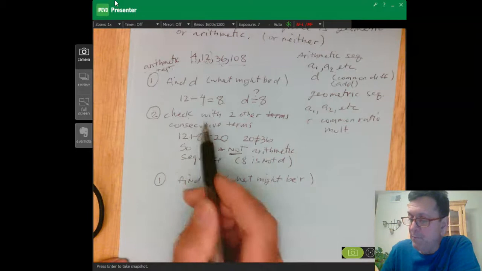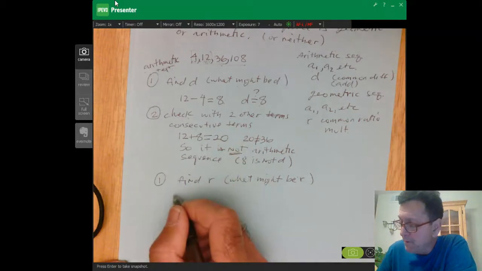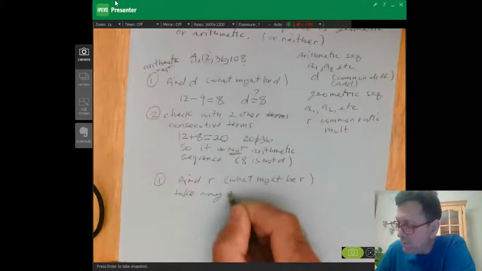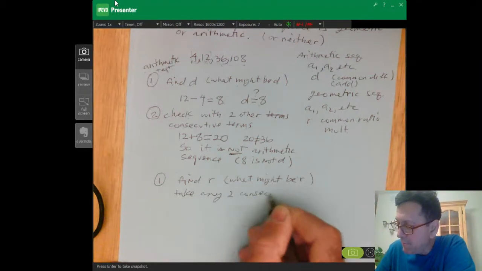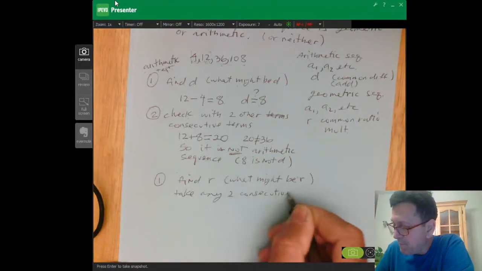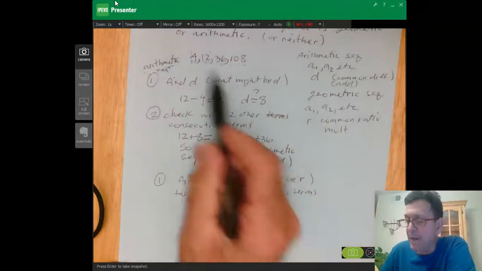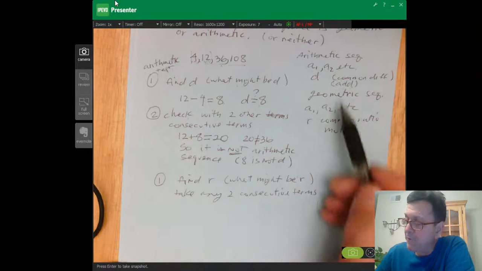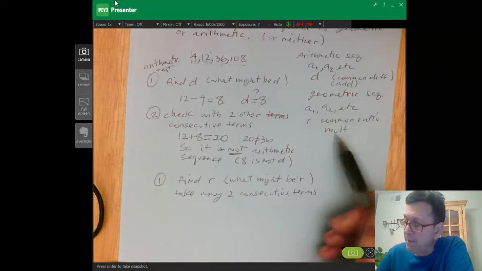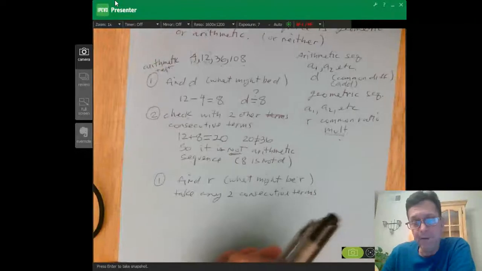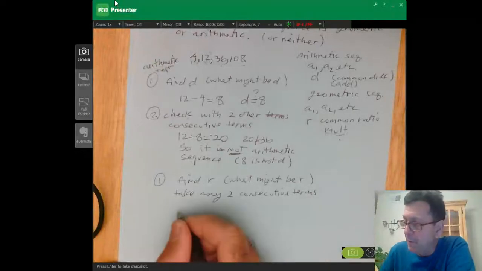So we're going to do the same thing we did before. We're going to take any two consecutive terms, but instead of subtracting like we did here, since a geometric sequence has to do with multiplication, we're going to do the opposite of that and divide.